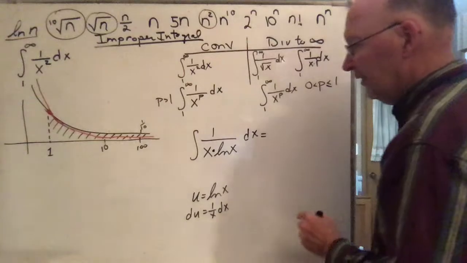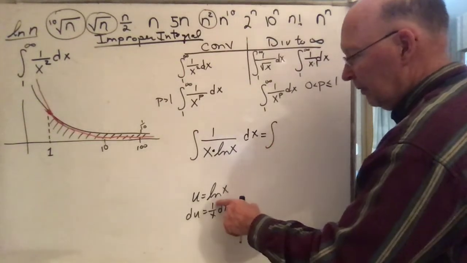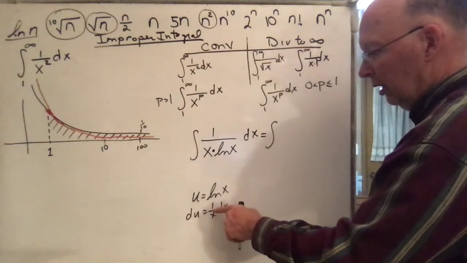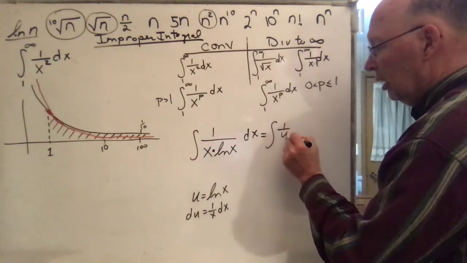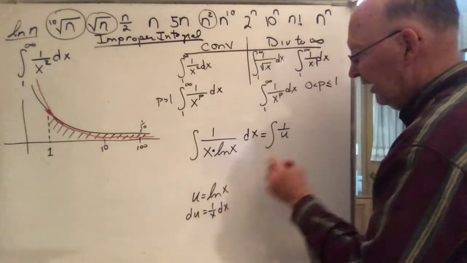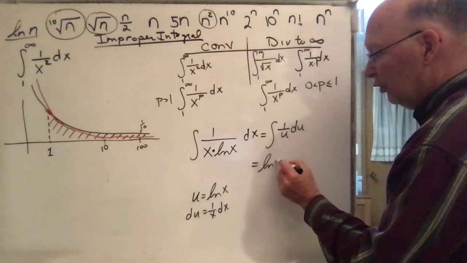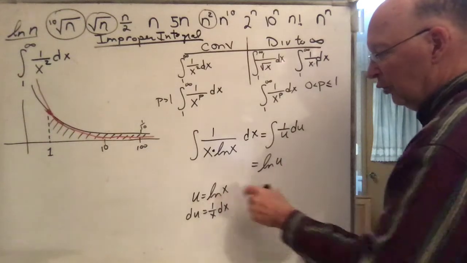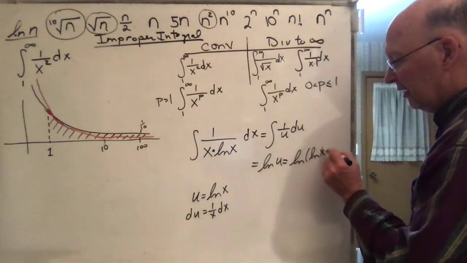Let's first find the antiderivative. The antiderivative is just going to be 1 over u, and then 1 over x dx is going to be du. So that's the ln of u, and ln of u is equal to the ln of ln of x. See that?